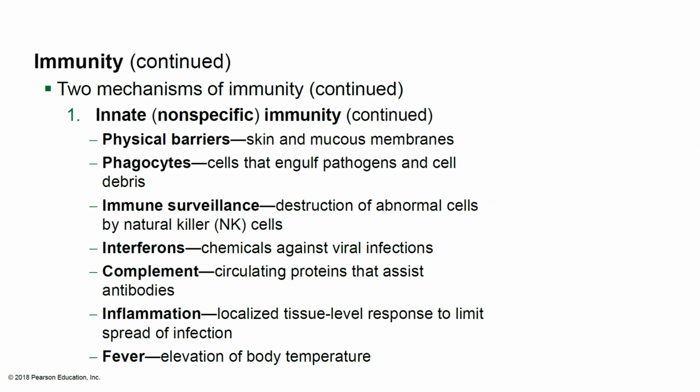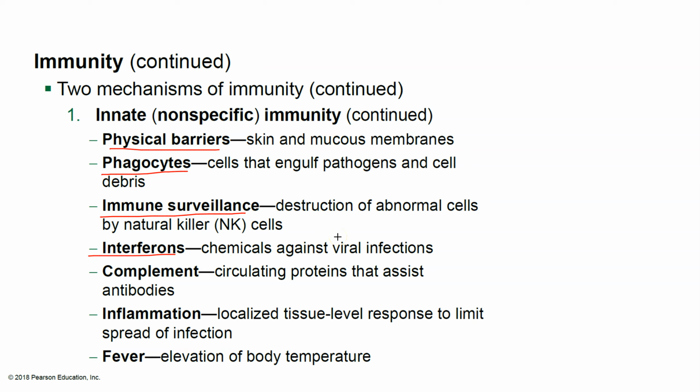So first off, immunity. There's two mechanisms of immunity, innate and adaptive. Innate, physical barriers. This is just our general defense system. So physical barriers, phagocytes, our immune surveillance, constantly watching out for abnormal cells, natural killer cells do that. Interferons help us deal with viruses.